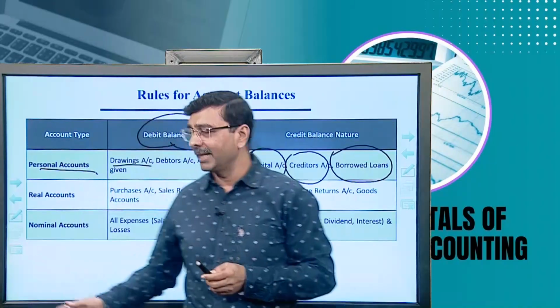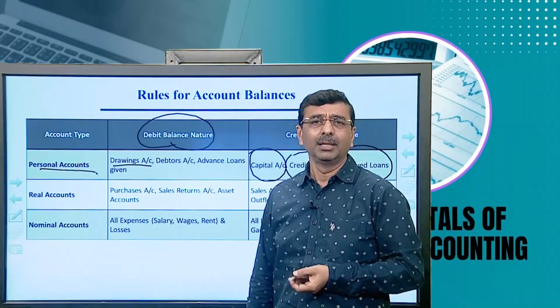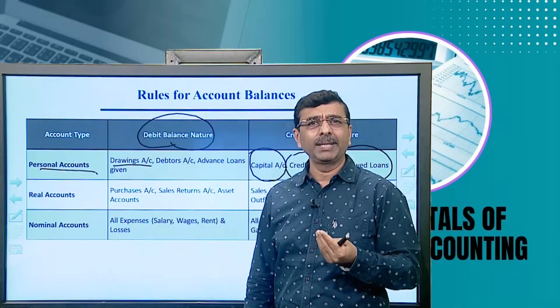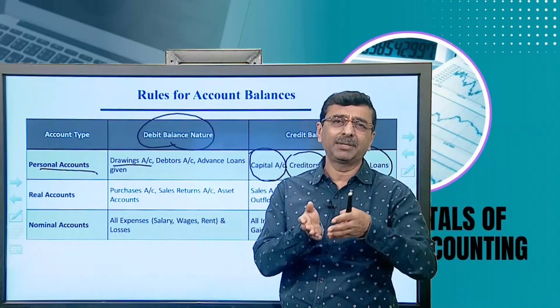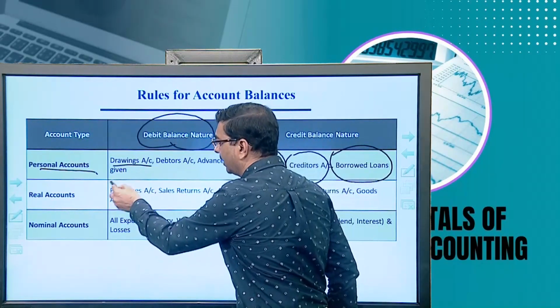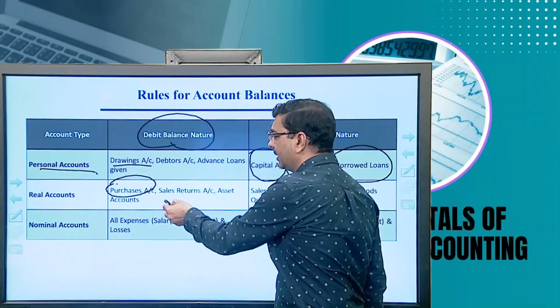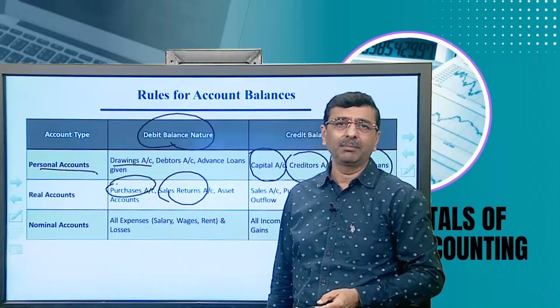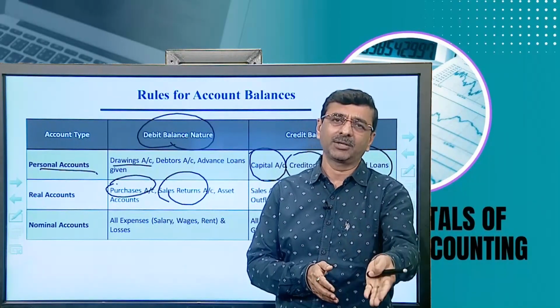Now, moving to the next part, real accounts. Stock is also considered a real account. Stock is always debit, because the stock is kept in the business. It is in your assets. The stock, or you can consider the purchase account, is always debit. Sales return is always debit. Why is it debit? Because, see, when we purchase, the goods come in, stock increases, that is why debit.